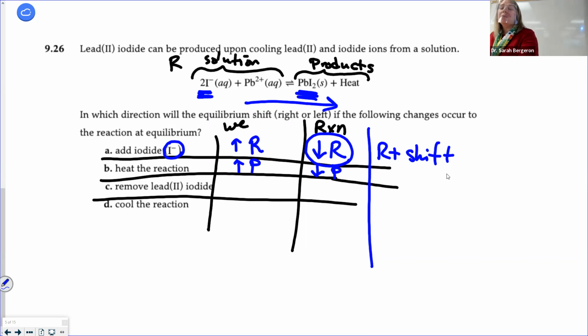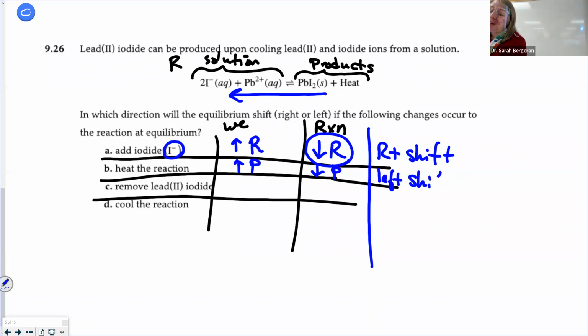How do we get less products? Make more reactants, right? So what kind of a shift is this going to be? This is going to be a left shift.